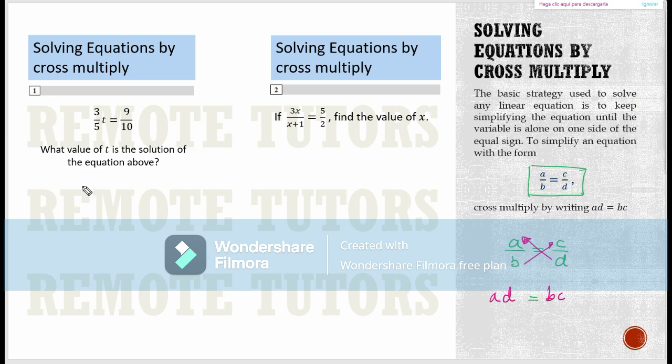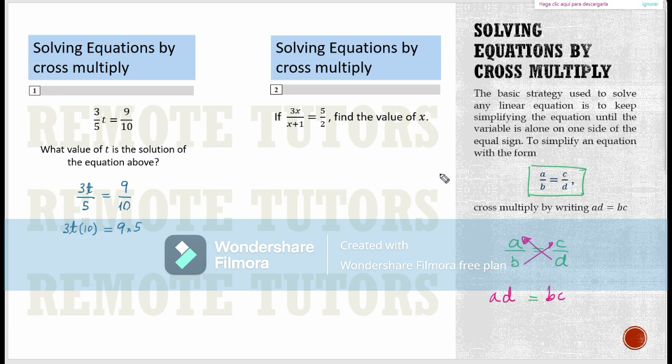Now let's solve the examples on the left. The first one says, what value of t is the solution of the equation above? So we have 3t divided by 5 equals 9 divided by 10. So cross multiply: 3t times 10 is equal to 9 times 5.